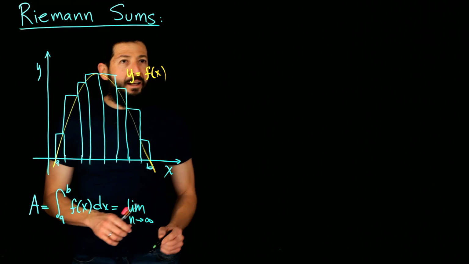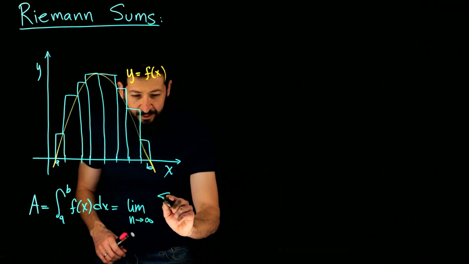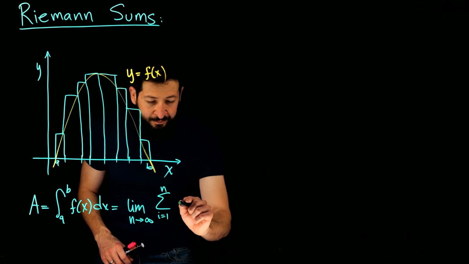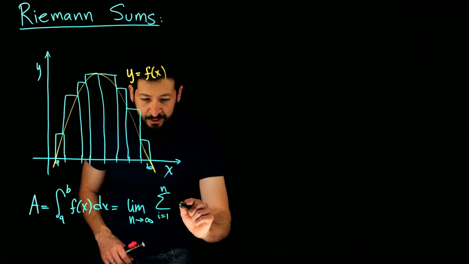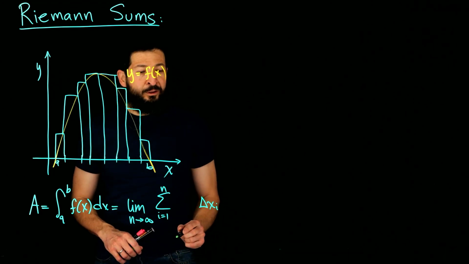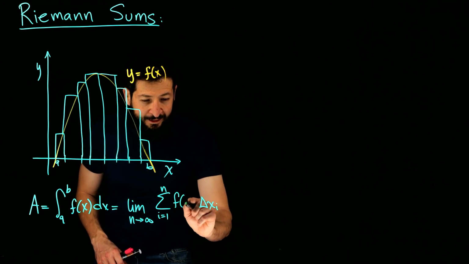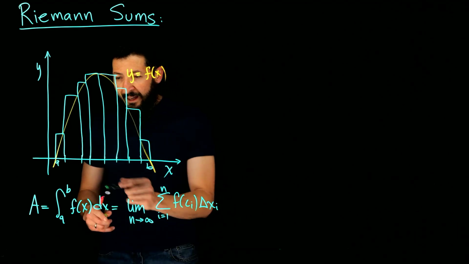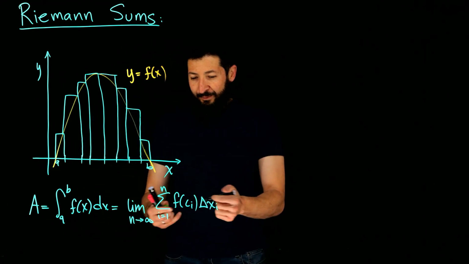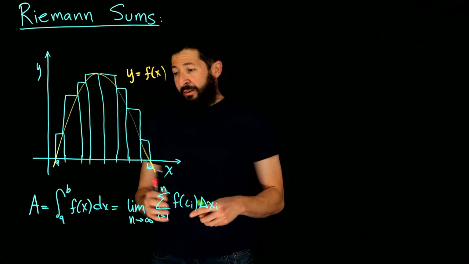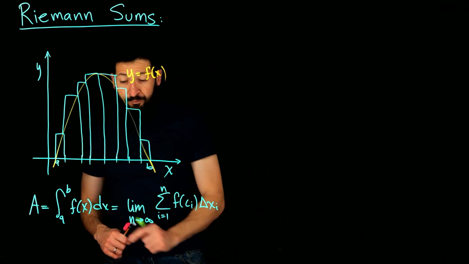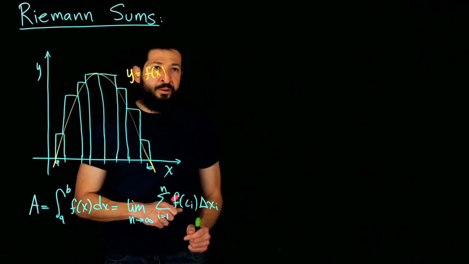I'm going to do n subintervals of the sum from i equals 1 to n of the width of the interval, which I'm going to call delta x i for each one subinterval, and then f of c i, where c i is going to be any point within the interval. So when you take all those possible limits, and if the limit converges, then you say your function is integrable, and that will be the value of the integral.